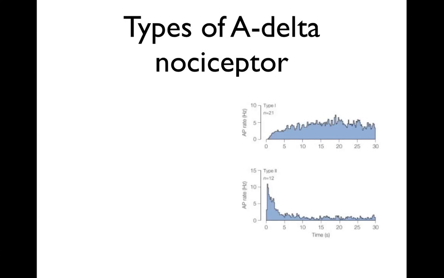If we look at the different types of nociceptors, so we've already mentioned we have A delta, which are the myelinated, fast conducting ones, and we have the C fibers, which are unmyelinated and therefore much slower. We'll see that the A fibers evoke a pain that's often described as prickling, sharp, or aching. This is quite quick pain due to the fast conductance.